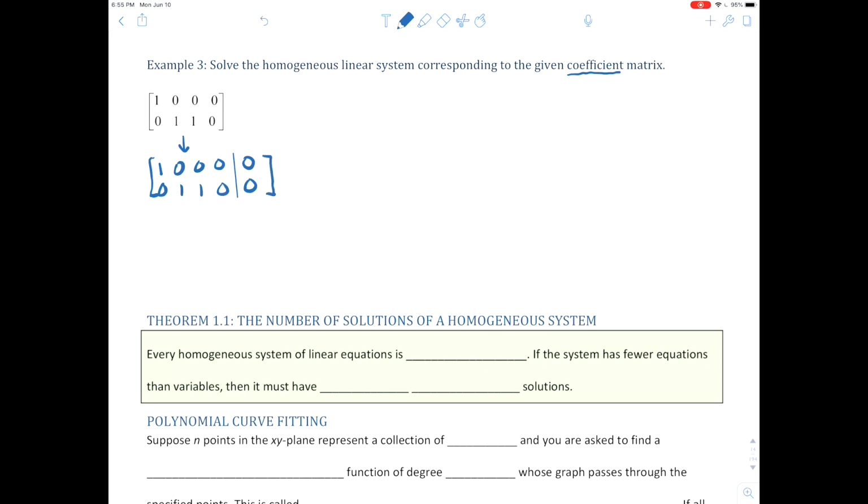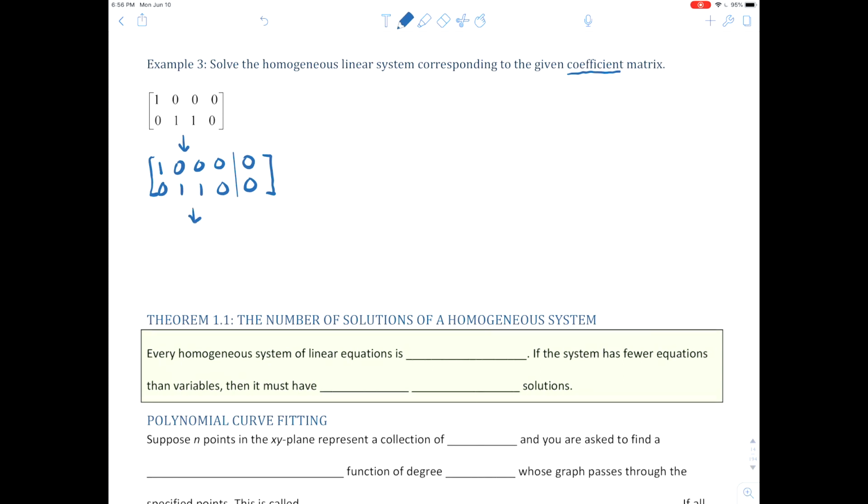Homogeneous means that the constants are zeros. So here, whether you actually write that out or not, what's going to happen is you'll end up with the following system. If we call them x1, x2, x3, and x4, right? You'd have x1 is going to equal 0, right? And then x2 plus x3 is going to equal 0.